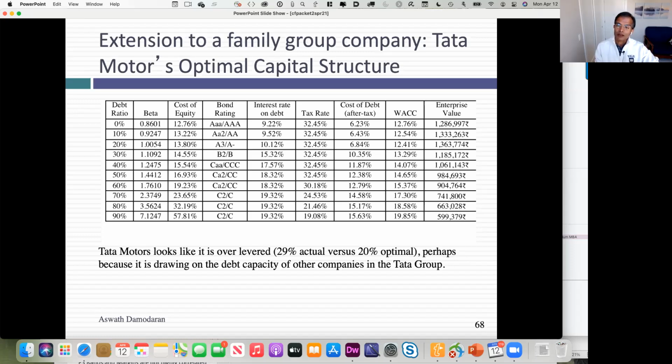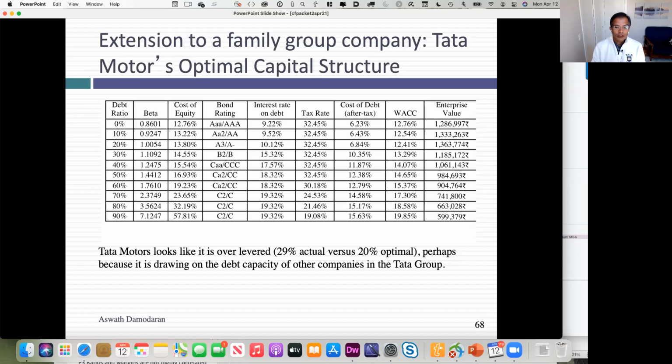This might be cynical of me, but it looks to me like the Tata companies are using other companies in the group as their basis for borrowing. No bank should ever do it, but banks know that the family is never going to let a company go down. So they're actually lending money on the basis of other companies in the group. Something we talked about early on in terms of corporate governance. But in this case, you can see Tata Motors is mildly over-levered. Its debt ratio is higher than its optimal.